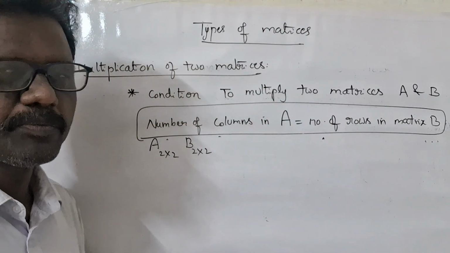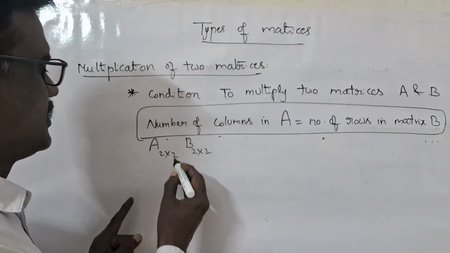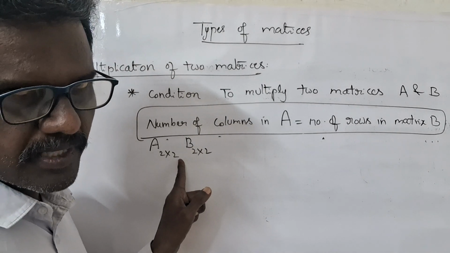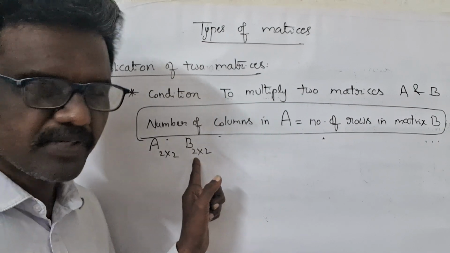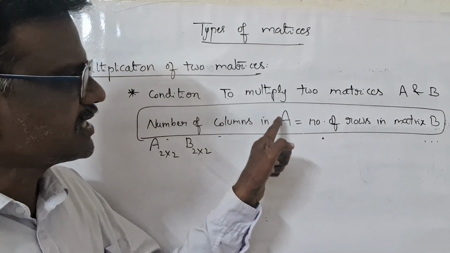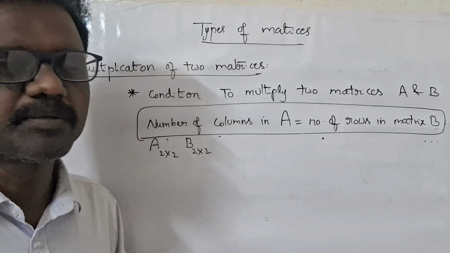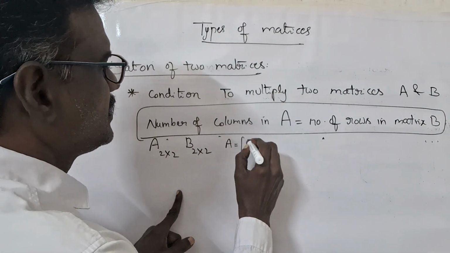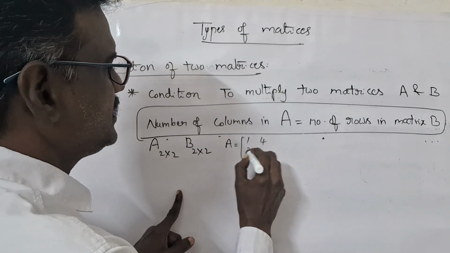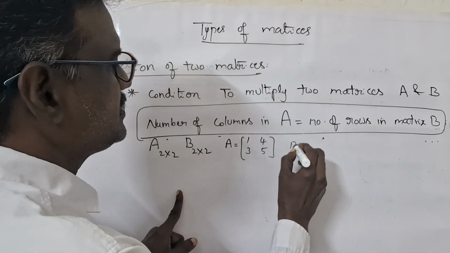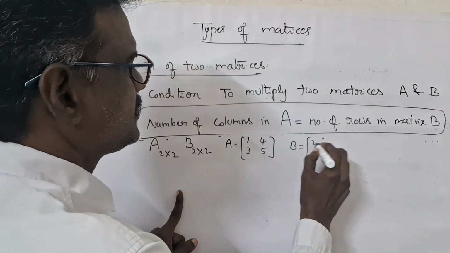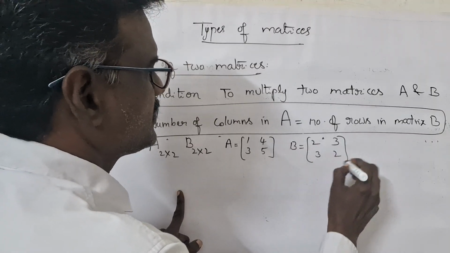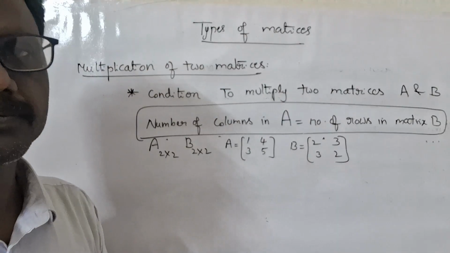A has 2 columns and B has 2 rows, so the condition is satisfied. Take A equal to 1, 4, 3, 5 and B equal to 2, 3, 3, 2.